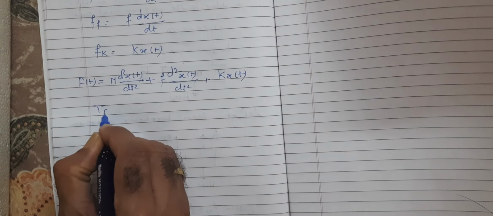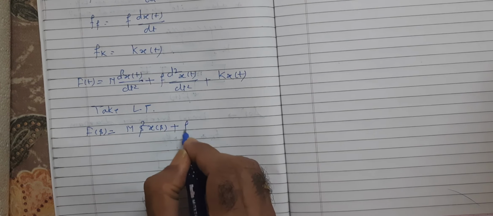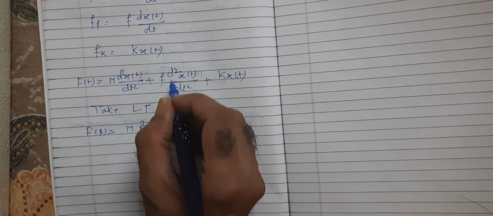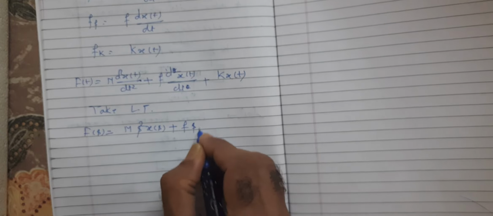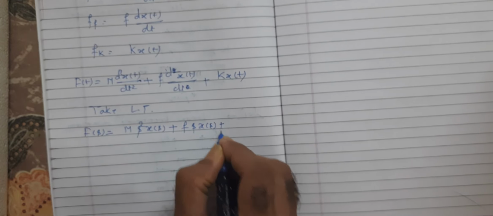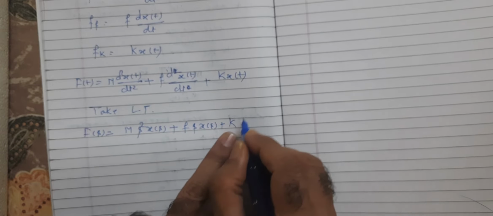Now take the Laplace transform of the above equation. So f of s equals m into s square, since d square by dt square becomes s square, times x of s, plus f into s times x of s, since d by dt becomes s, plus k into x of s.